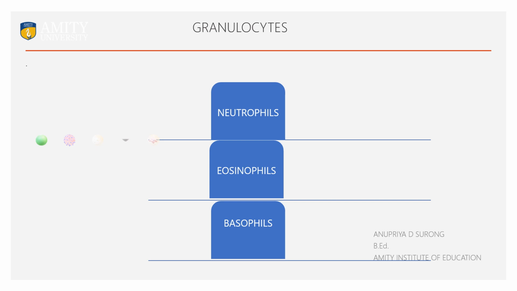So we can say that neutrophils, eosinophils and basophils are granulocytes. Whereas lymphocytes, which are of two types, that is lymphocyte T and B, and monocytes are agranulocytes.